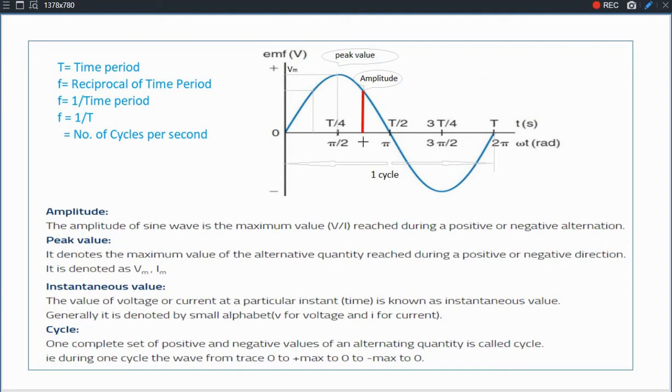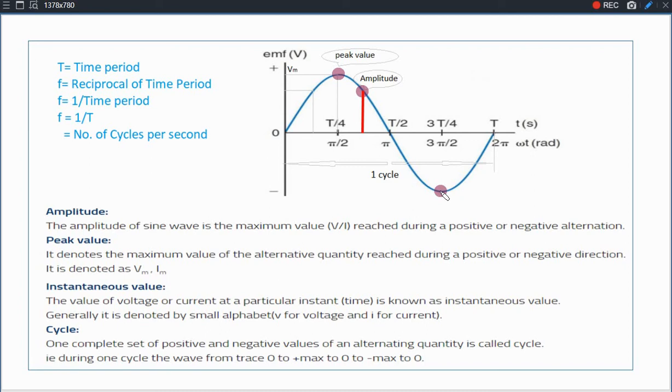So for the angle omega t or for the angle theta, the amplitude can be shown in the y-axis in the vertical direction, and at any point this may be the value. So this is the instantaneous value for a particular angle theta. And at pi by 2 we get the peak value or maximum value.